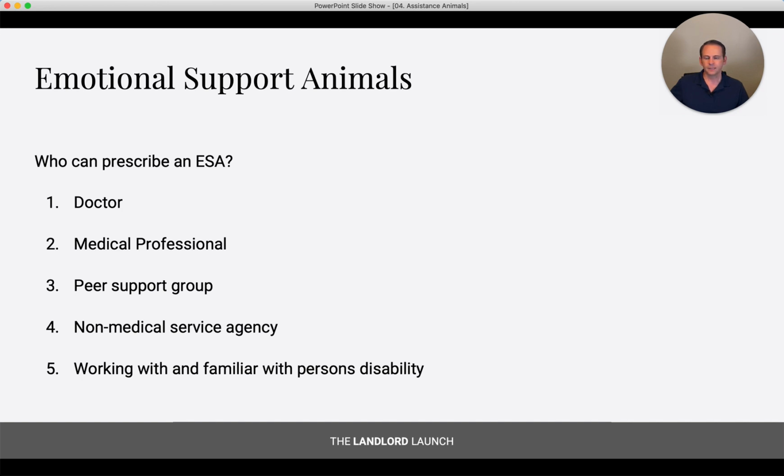Generally speaking, like I said, the license requirement is starting to get a little bit gray, but generally speaking, what they're talking about, especially as you read through some of the HUD stuff, is that they are looking for some sort of mental health professional that is working with that person, whether the applicant, tenant, whoever it is, and they are familiar with this person and their disability or condition, and they are able to write a prescribed note saying that this person needs an emotional support animal to help them work through that condition.